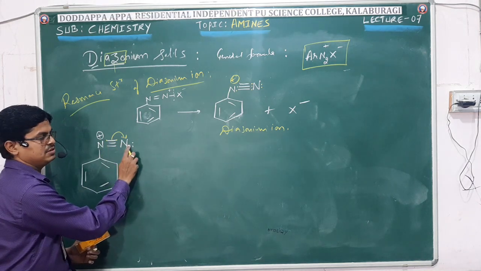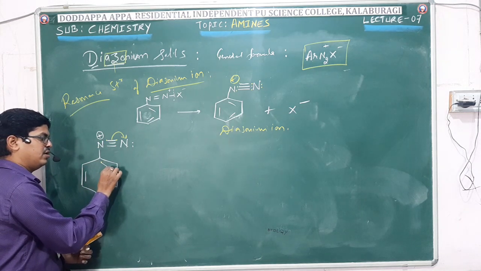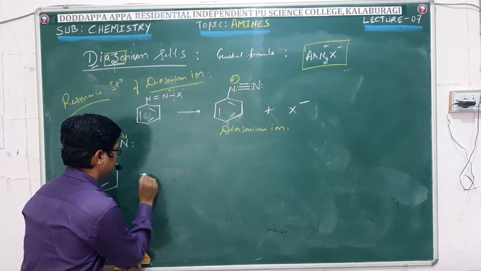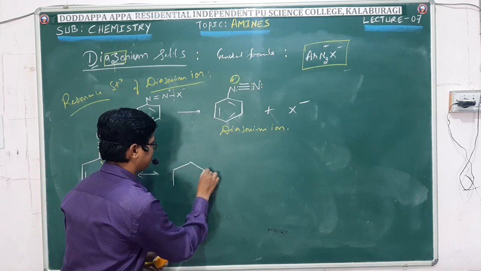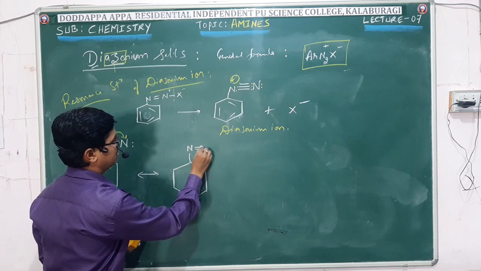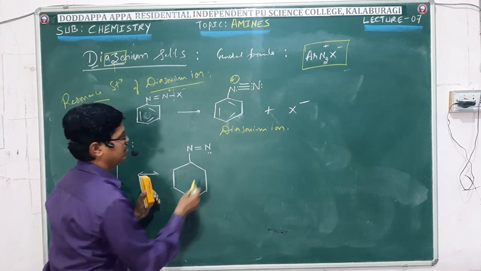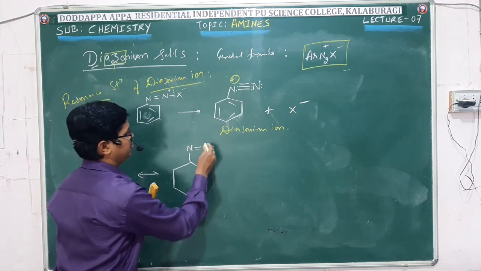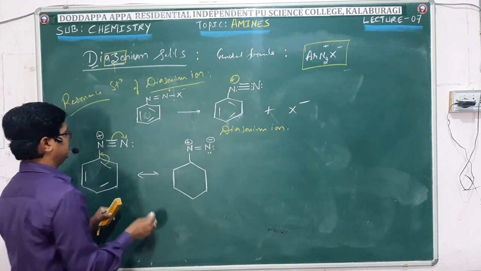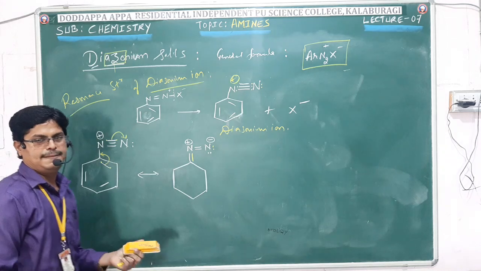To neutralize the N plus, this pair of electrons shifts here, giving another resonance structure: N double bond N. It becomes a negative charge, and the positive charge stays as it is because it lost an electron. Then this bond shifts to form a double bond here.